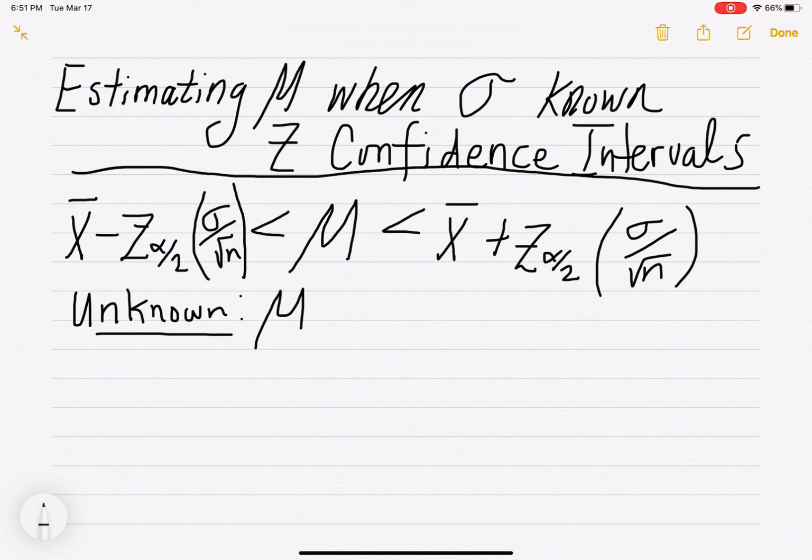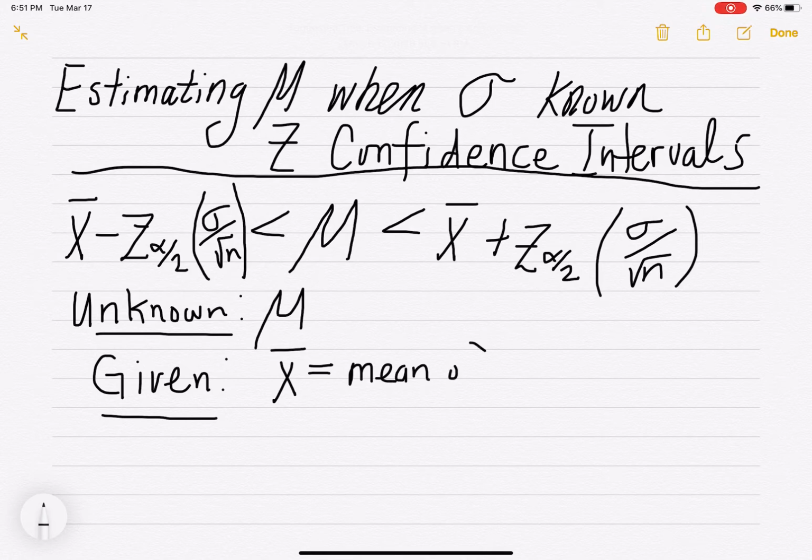So that's going to stay unknown. Things you will be able to find, these will be your givens. These are going to be numbers that you're going to plug into the formula. Your x bar, this is going to be the mean of your sample, or the average of your sample, or the sample average. It's another way to say it, sample average or sample mean.